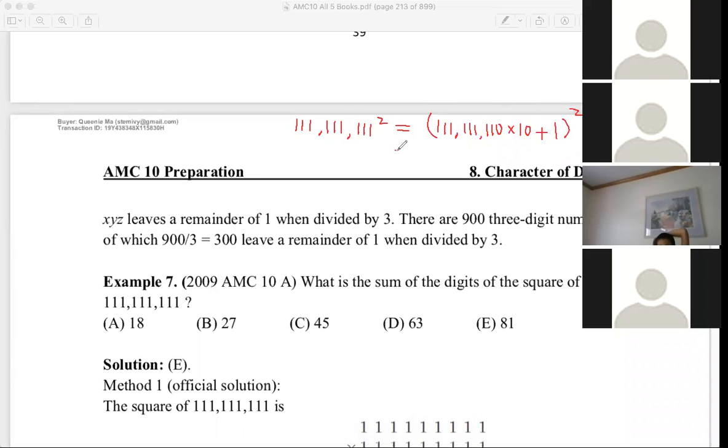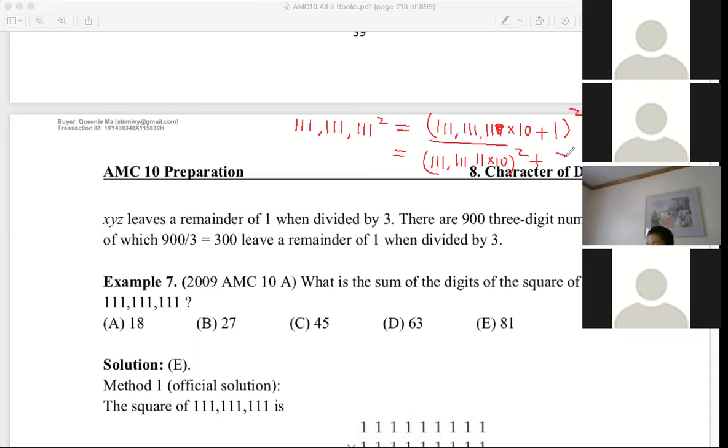Now you expand this one. You write this one as 11,111,111 times 10, squared.